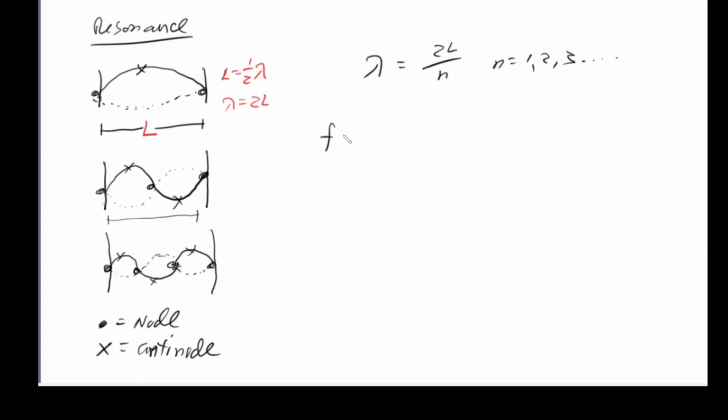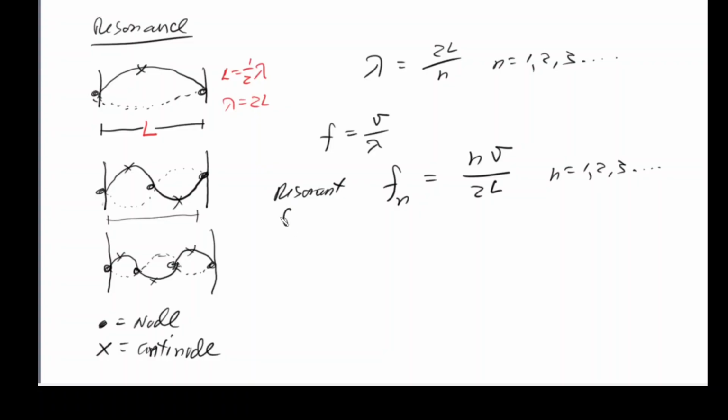And since frequency is equal to wave speed over wavelength, we get that the resonant frequencies, f of n, is equal to n times v over 2L, where n is 1, 2, 3. So this gives you your resonant frequencies of a string.